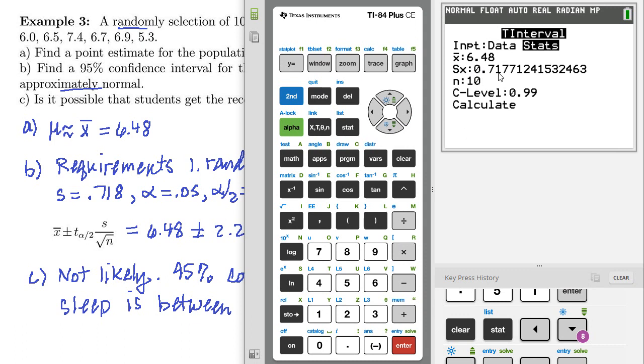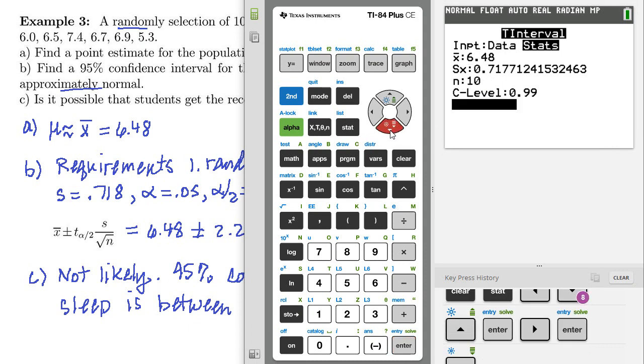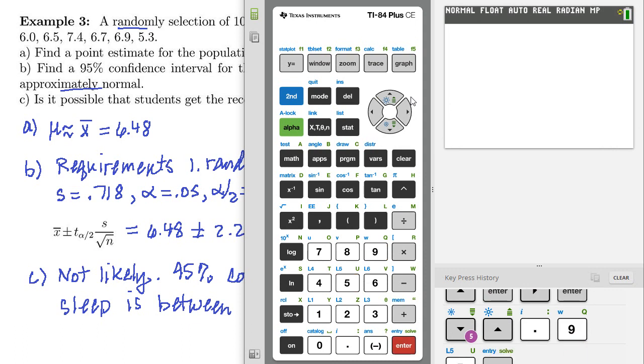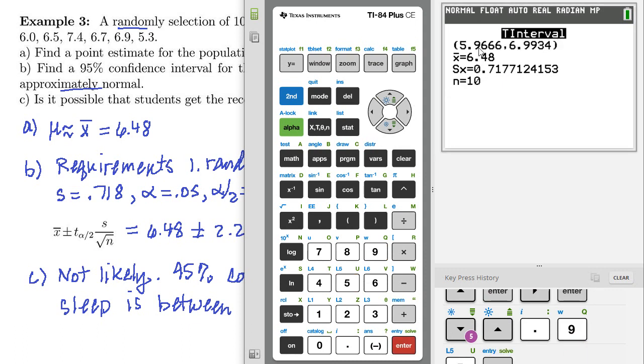Now it's actually put them in here for us from the data, and our sample size of 10, and then our confidence level was 0.95. And there we're getting that same interval of 5.97 to 6.99. So that's if you have the summary statistics and you don't have the data. We actually had the data, so you can go right from the data.